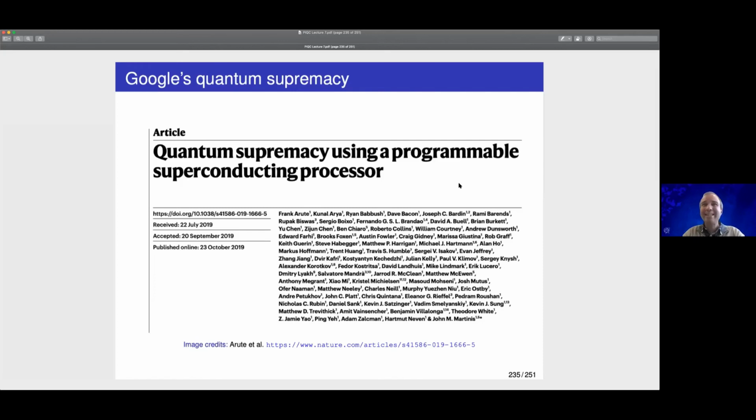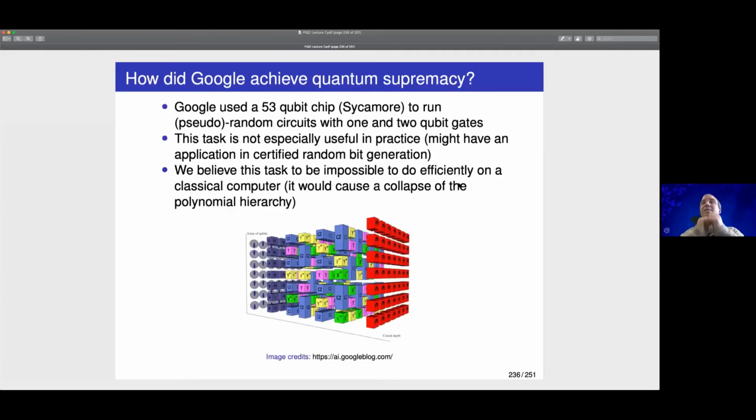So what did they exactly do in order to show this quantum advantage, this quantum supremacy? They did not run Grover or Shor or any of these algorithms that we have studied. What they did was to use the quantum computer to run circuits. This is exactly what a quantum computer of this gate-based model does.